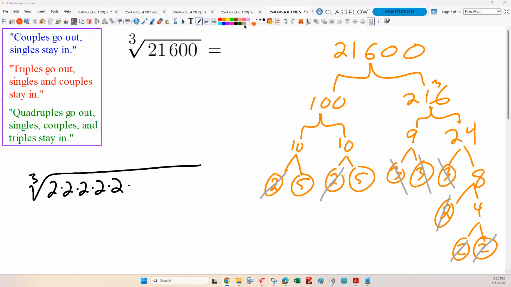Okay. 4. You see a 4? Yeah. I see a 4 right there. There's only 3 3s though, right? Yeah. Okay. And then 2 5s, and that's it, right? Yep. Okay.